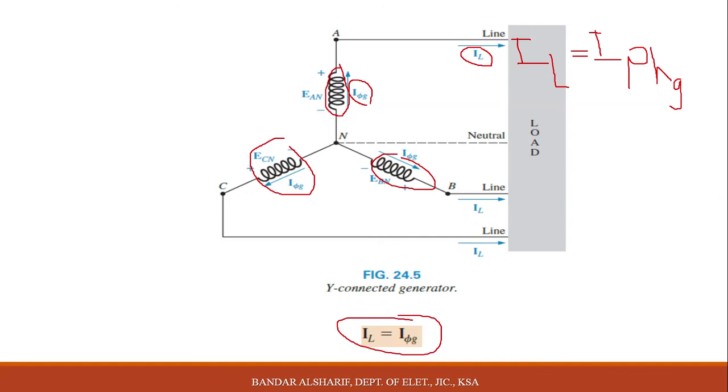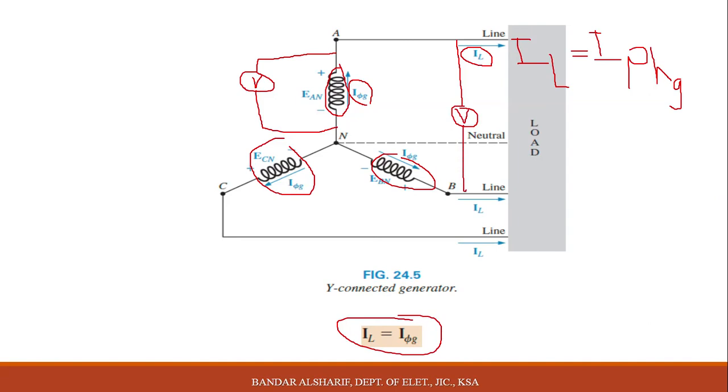The other type of voltage is called voltage line, similar to I line. If we need to know where the voltage line is, if we need to put the voltmeter, for example, here in the lab later, to measure voltage phase, we will put the voltmeter here. And if we need to measure voltage line, we will put the voltmeter here between each line and the other.